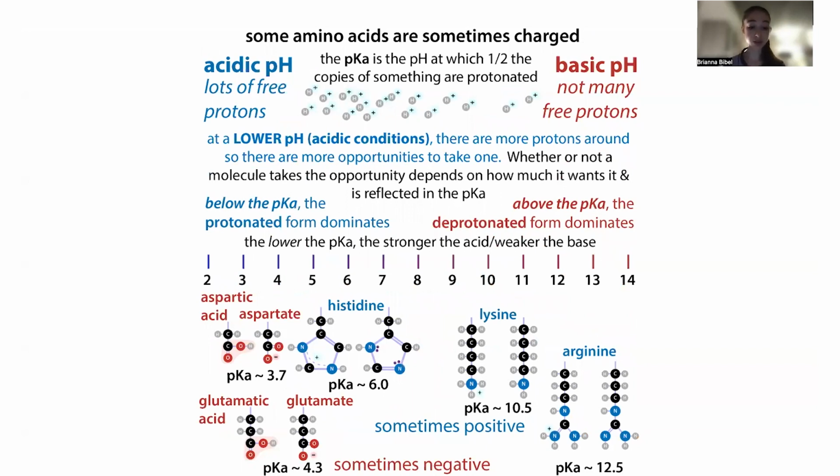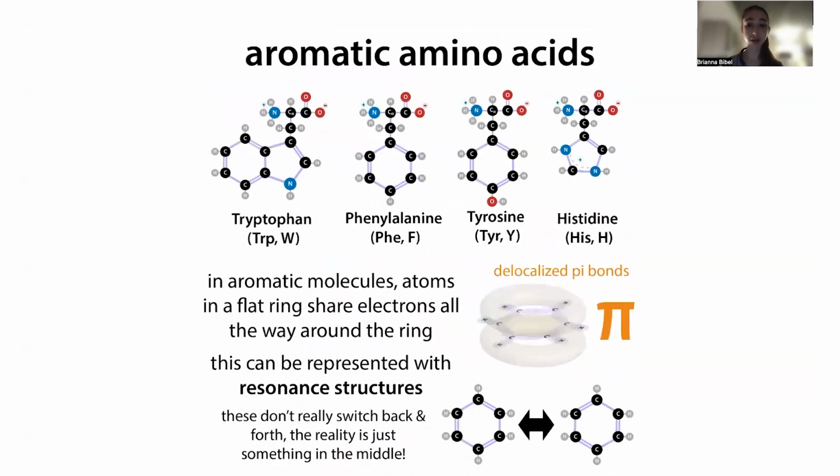So histidine's charge is going to dominate what we talk about often, but it still is aromatic. What am I talking about with this? Well, I talk about it a lot more in my posts on phenylalanine in particular, as well as these other ones. But basically this means that in addition to sharing electrons between neighboring atoms, those electrons are kind of shared between all of these carbons in this ring.